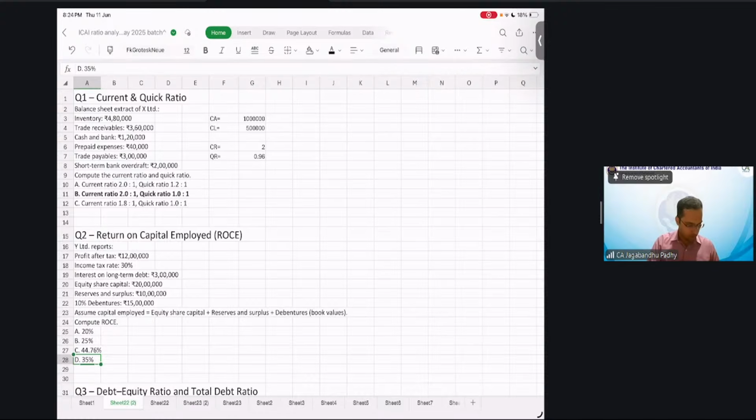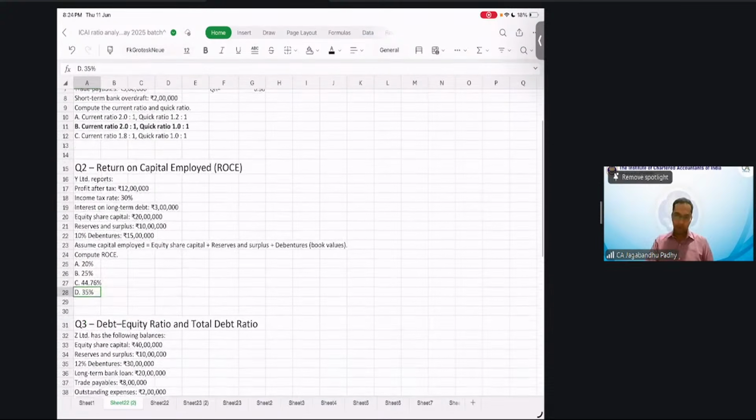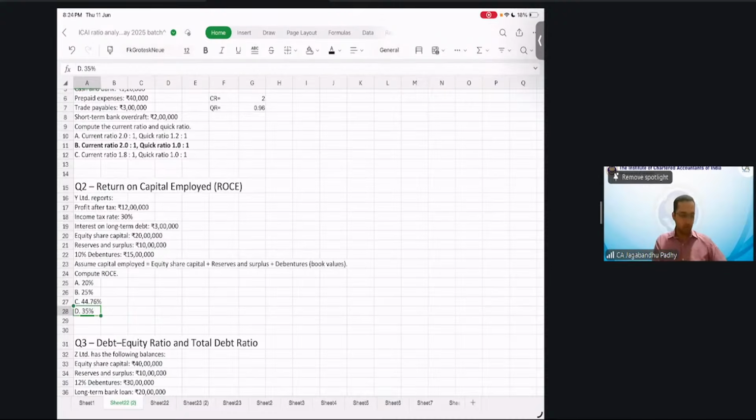I don't think that in our material we are subtracting the bank OD. So in the quick ratio, yes, current liability has to be taken. We do not subtract bank OD.